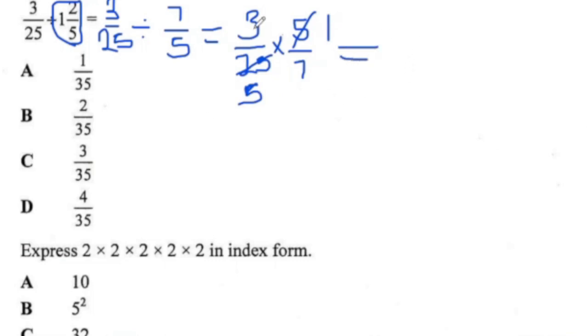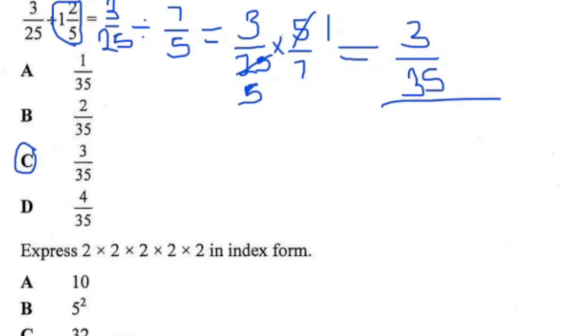We're going to multiply 3 by 1, which will give us 3, over 5 by 7 will give us 35. Any answer where there is this, we can see it's here on C. So C is the correct answer.